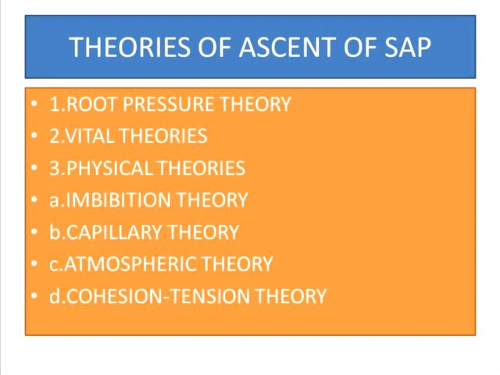This can be observed by cutting a small tomato plant near its base. The xylem sap is seen to flow out through the cut with pressure.